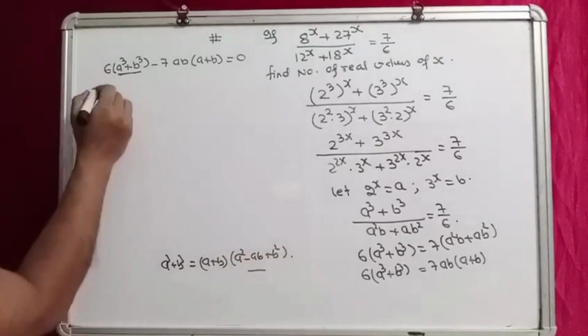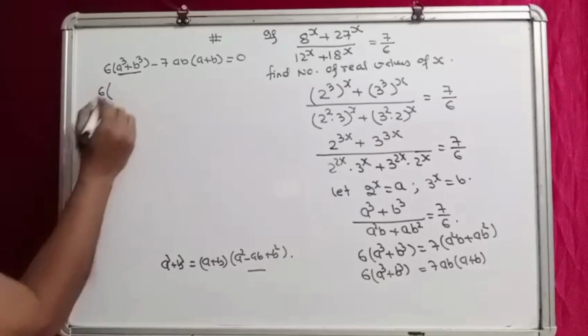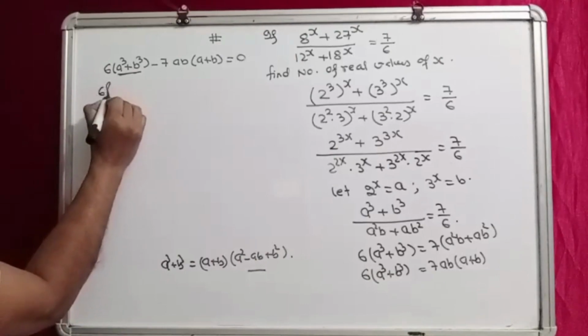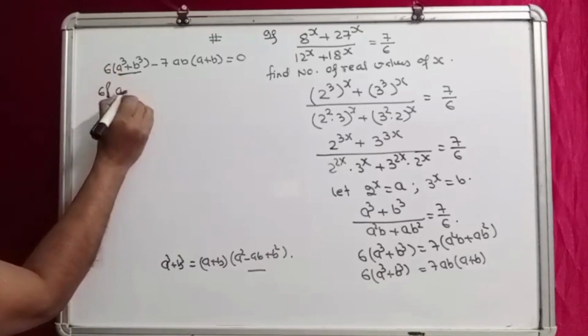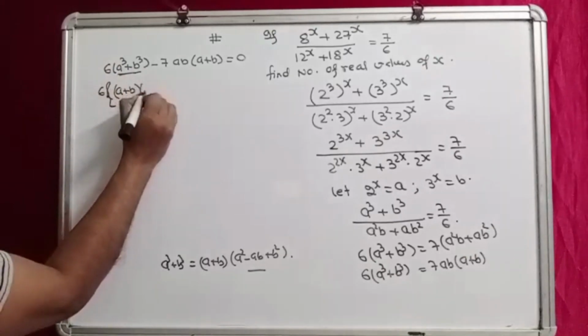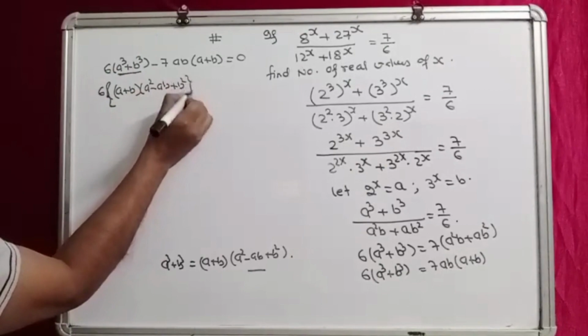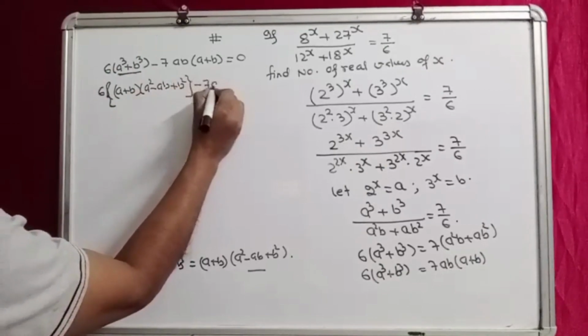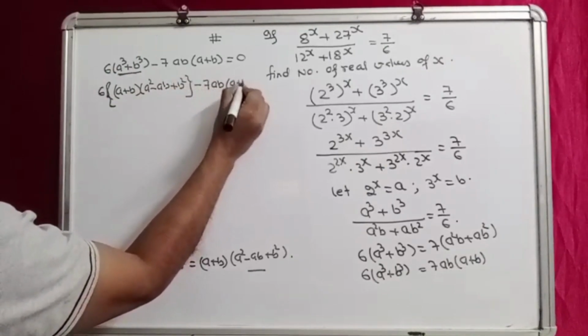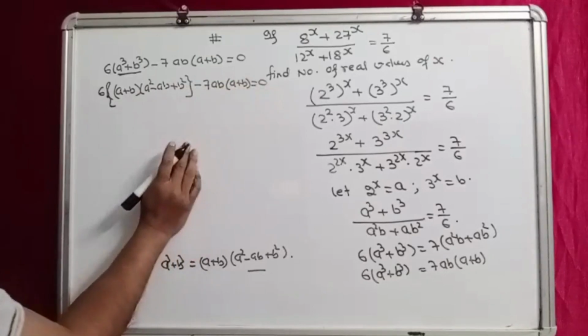So here I am writing 6 at its place, (a + b)(a square minus ab plus b square), and minus 7ab(a + b), this is equal to 0.